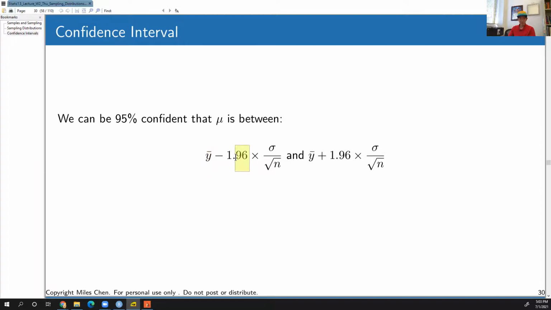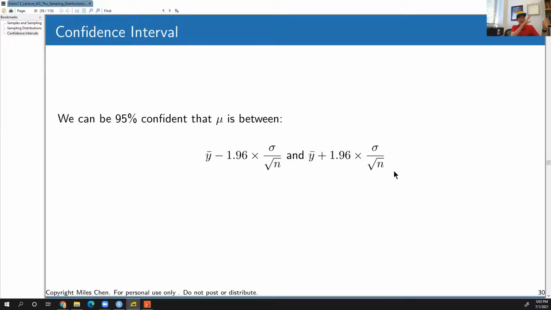And technically, a number that's more precise than 2 is 1.96. Each standard error is sigma divided by the square root of n. So we're going to say that mu is between y bar minus 2 standard errors and y bar plus 2 standard errors.